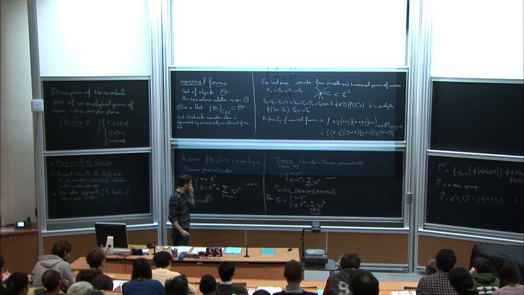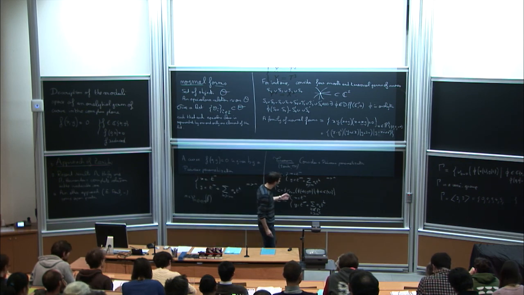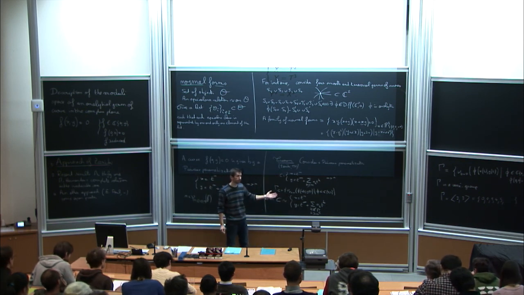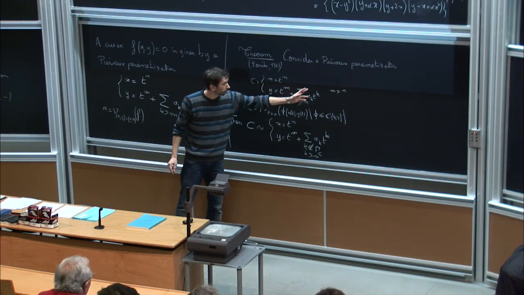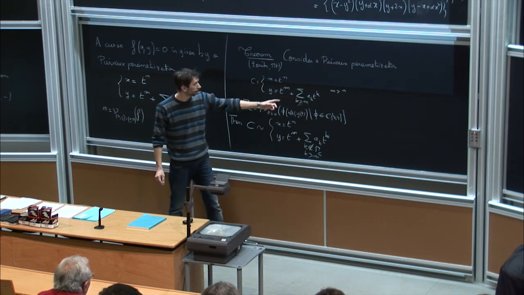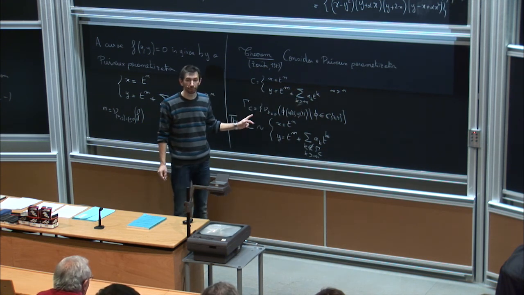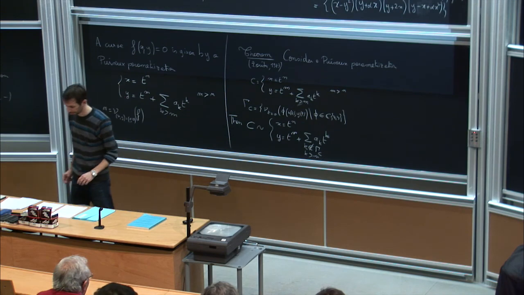This is in some sense the first elimination criterion in the problem of Zariski. This criterion says you can eliminate a coefficient in this series if the power belongs to the semi-group of valuations, gamma C.